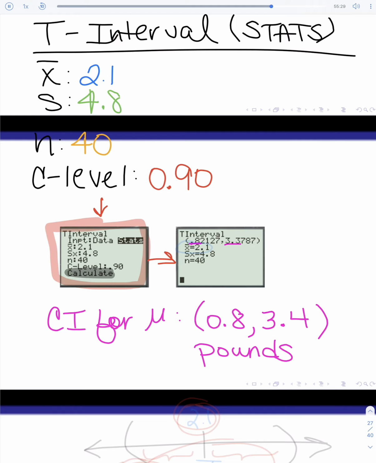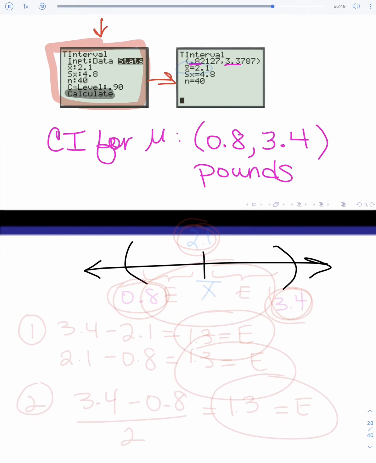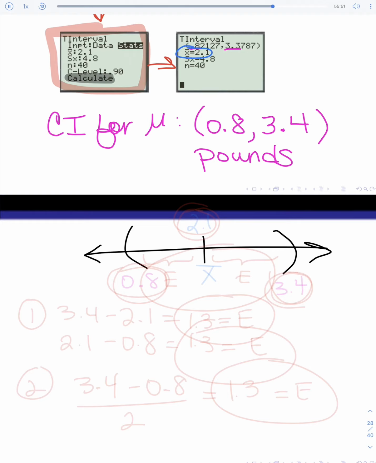So it is statistically significant, if you go back to what we learned at the very beginning of Chapter 1 for Test 1. Now, just to remind you how this is set up, for your confidence interval you have the mean in the middle. We already knew this was 2.1. We have now found that our confidence interval ends at 3.4 and starts at 0.8.